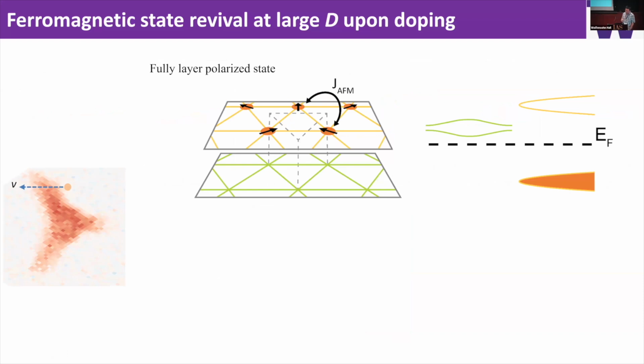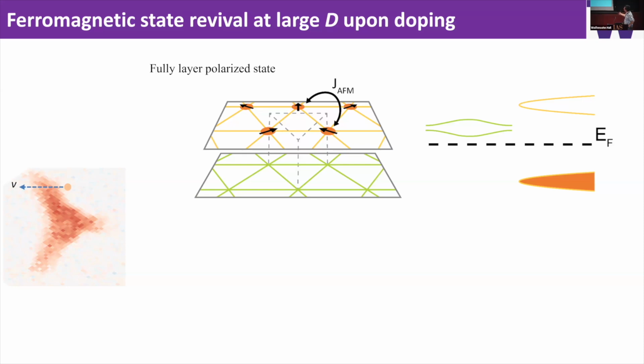To understand this, we can start with filling factor -1 at the large electric field. In this case, it's a half-filled triangle lattice, meaning every lattice site has one carrier. And we know, as I talked about, that one possible state of this half-filled triangle lattice is a 120-degree Néel order in the Mott state.